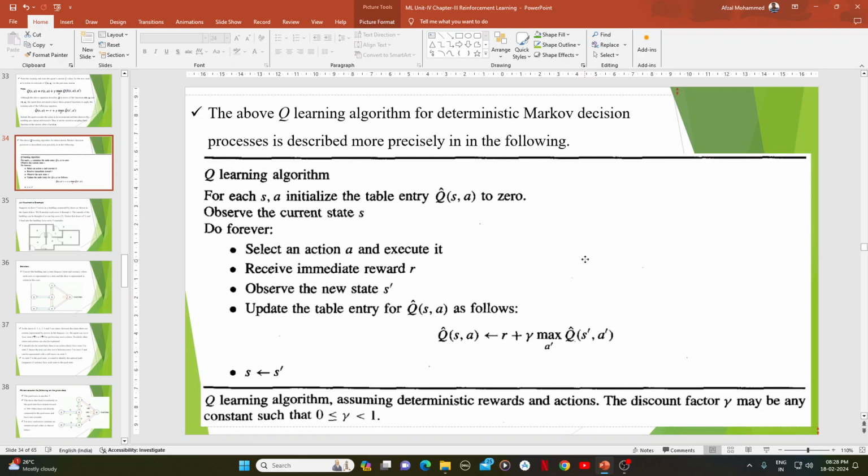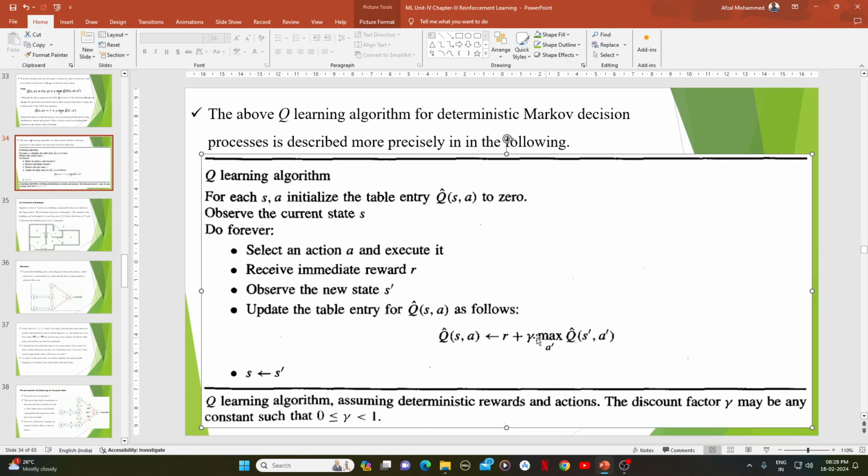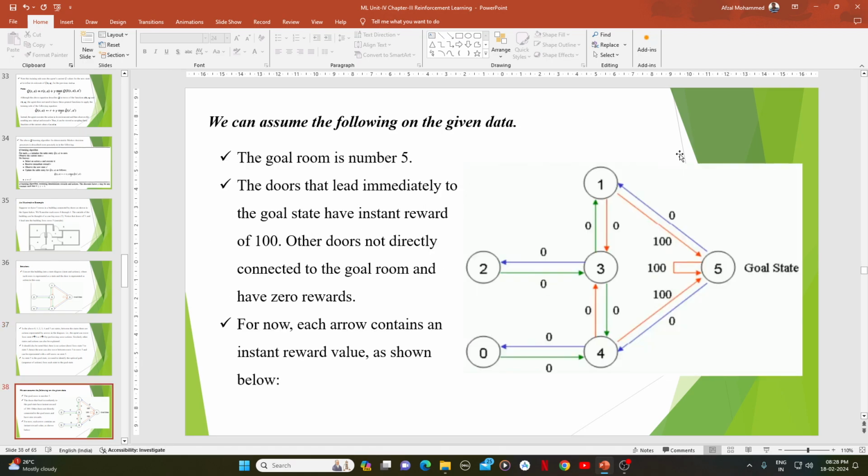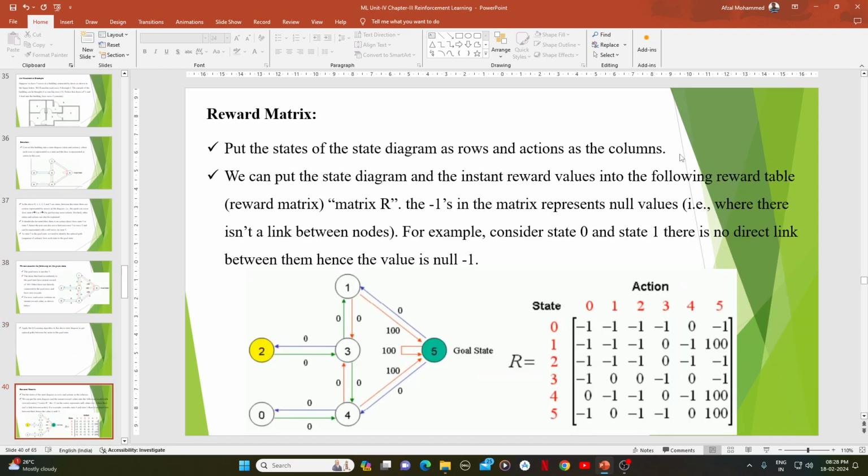Here they have given the formula. Using this particular formula only, we try to calculate the reward value for all the particular actions. After calculating, for that we will maintain a reward matrix. Wherever we have the reward as 100, that 100 we will mark, and wherever we have the reward value 0, that 0 we will mark.